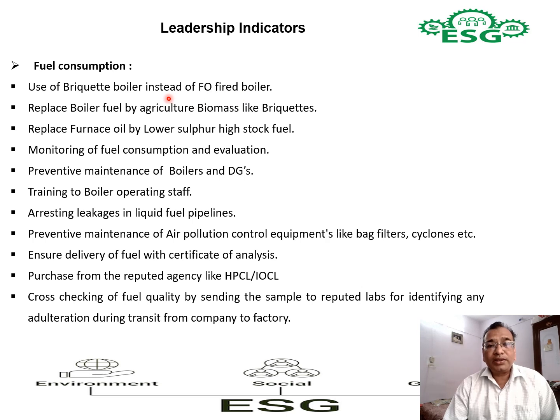There is a guideline from the Ministry of Environment and Forest that to control sulfur emissions, industries have to switch from furnace oil to low sulfur high stock fuel, and apart from that they can also go to briquette boilers. Briquette boilers are very cost sensitive, and the per kg steam cost is very low as compared to FO. So you have to switch over to briquette boilers.